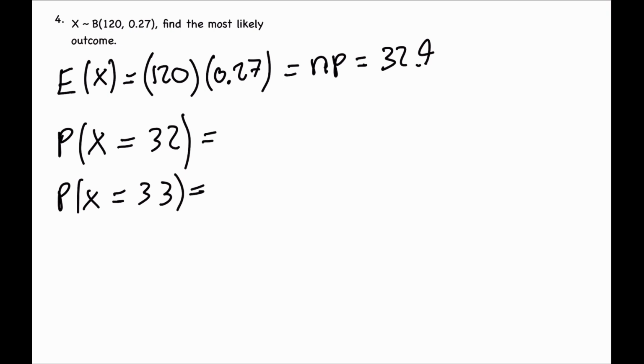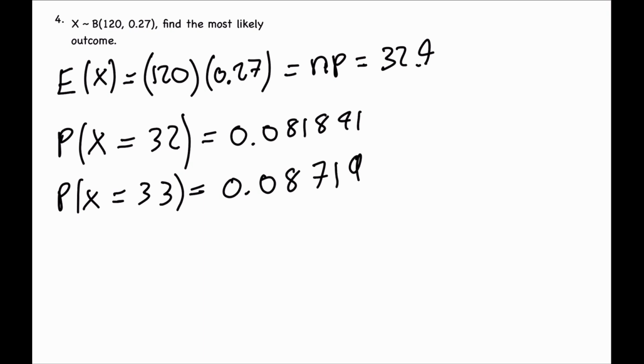So putting into our calculator the BPD, P of x equals 32 is 0.081841, and our P of x equals 33 is equal to 0.0871989.